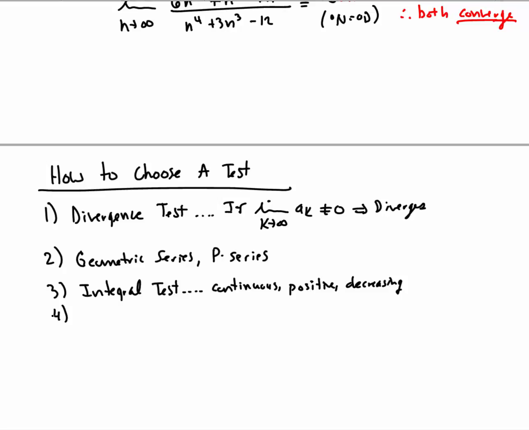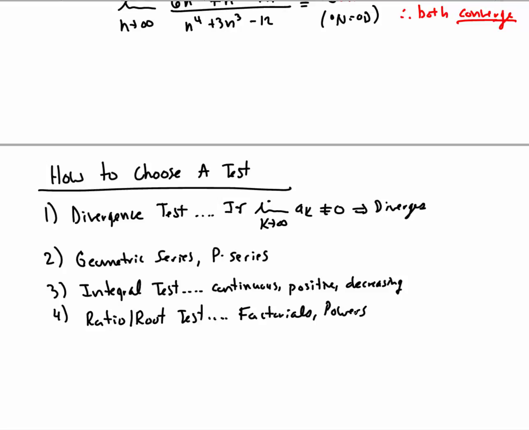Now, if none of these work, or if you just don't want to integrate it, then what we can do is we can think about, okay, what about any factorials? So if you have anything raised to powers or have factorials, we can try a ratio or a root test. So these would be if we had factorials, powers, meaning we have exponents, let's say like k's, something to the kth power, and then I can take the kth root.